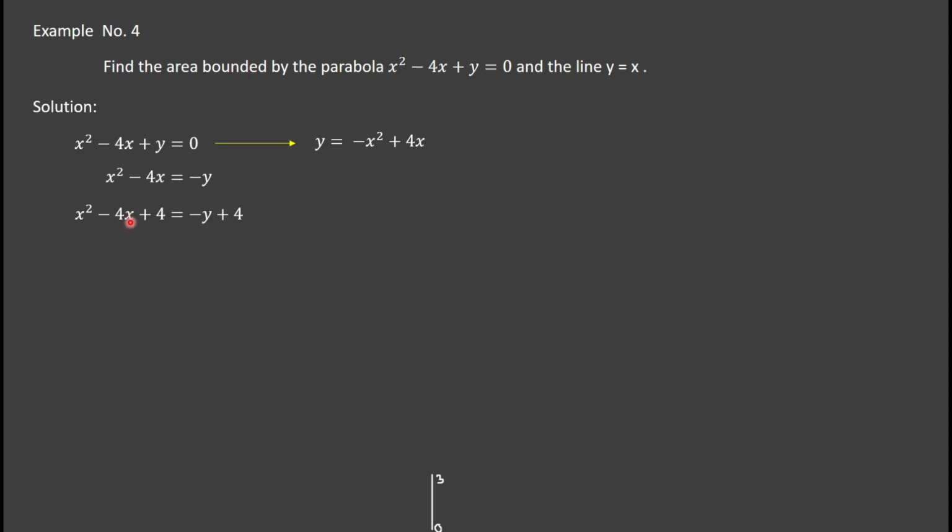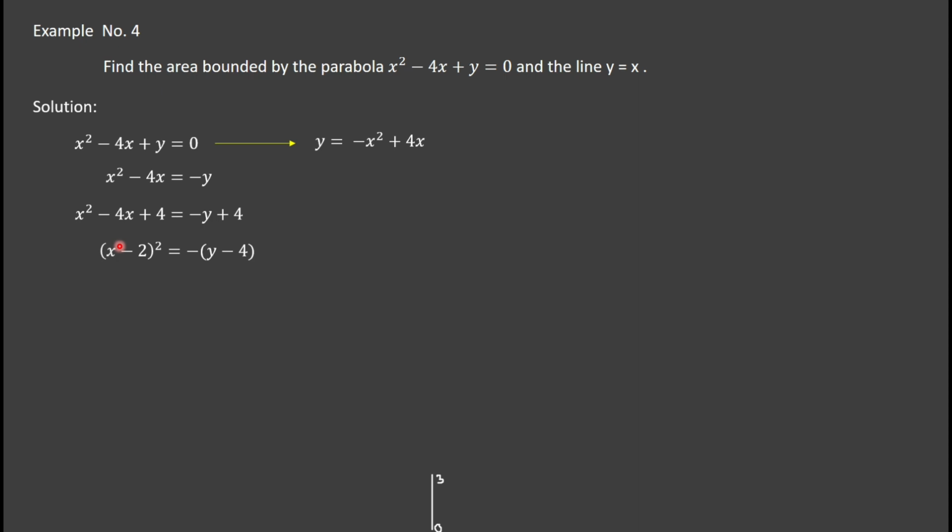Therefore x squared minus 4x plus 4, and we also need to add 4 on the other side. That would be negative y plus 4. The root here is repeated, so there is only one root, but repeated.